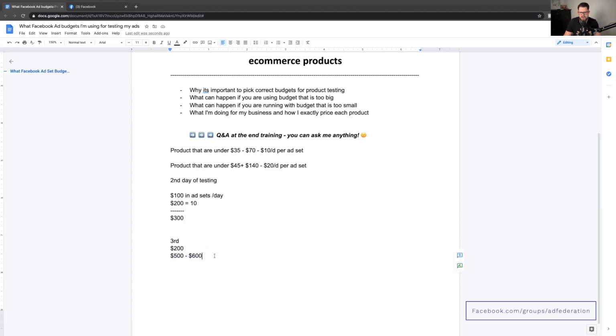Because if you are already running with a budget like, let's say, $800 per day, there's no reason why the product should not already be in profit or above 2 ROAS, okay? Even if you have a huge margin, and that ROAS could be a little bit lower than from other people who are running really cheap offers. Still, I expect 2 ROAS, and I expect a lot of conversions.